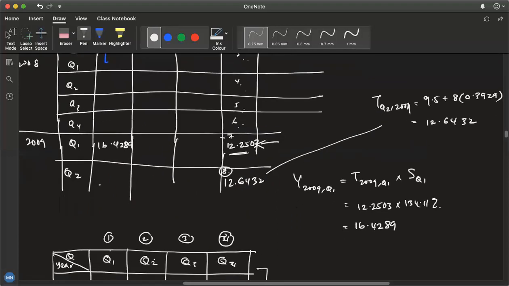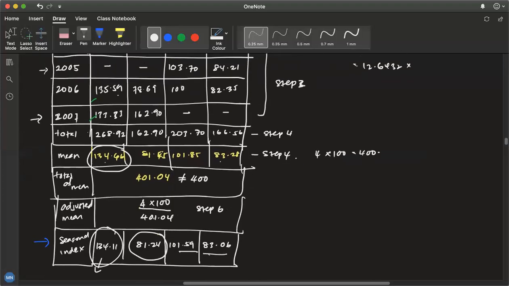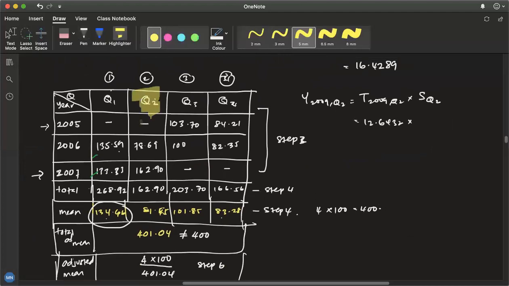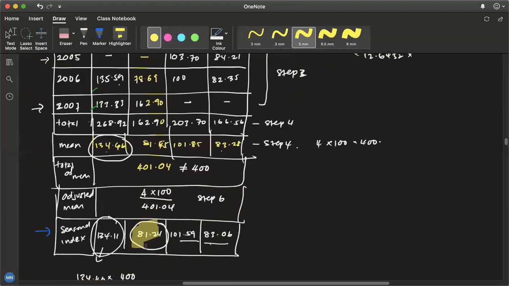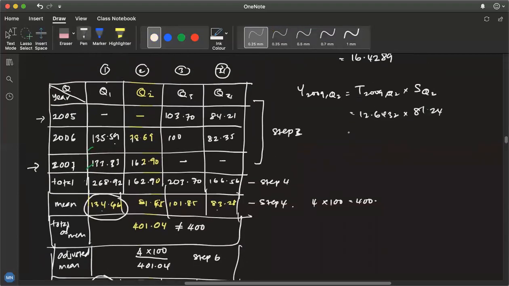So we want to know the value of Y. Y for 2009 quarter number 2 equals the trend for 2009 quarter number 2 multiplied by the seasonal index for quarter number 2. So 12.6432 multiplied by the seasonal index for quarter number 2, which is 81.24 percent. This should be equal to 10.2713.